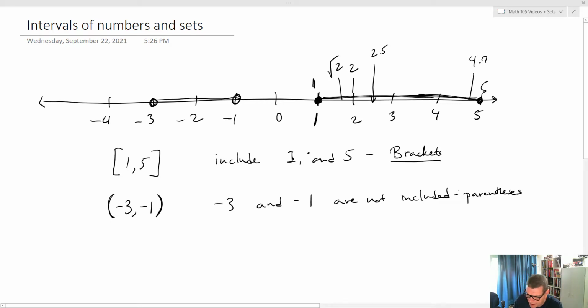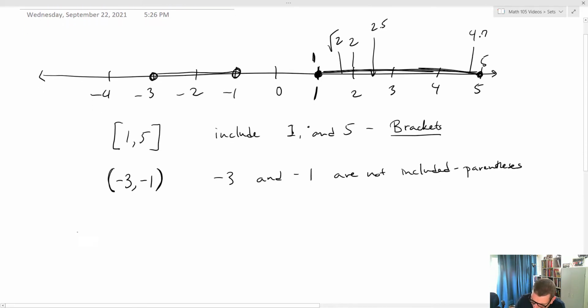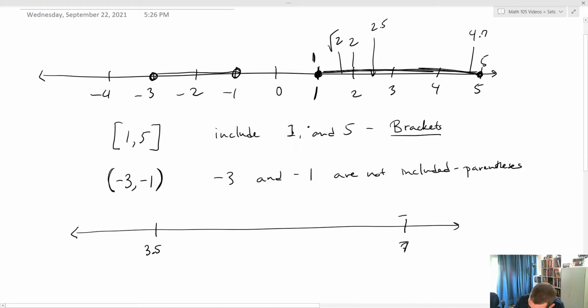Now, one of the other things I could do is represent this using a half and half. Say, for example, I have 3.5 here and I've got 7. Let's say I want to include 7, but I don't want to include 3.5. So I want everything in between those two. On the bottom end, I'll have the parentheses to not include 3.5, and on the top end I'm going to include 7, so that's going to give me a bracket to include the 7.